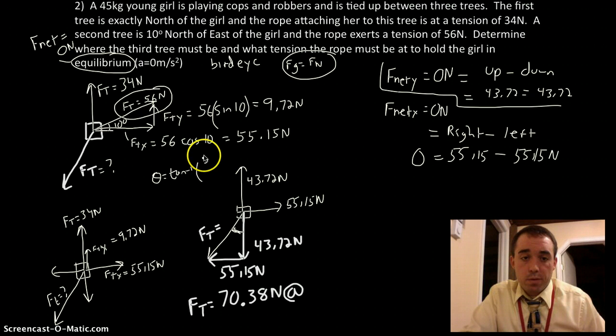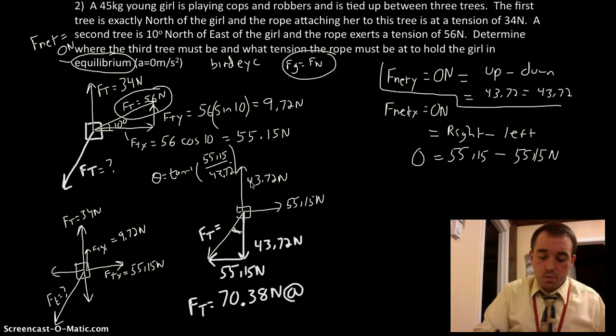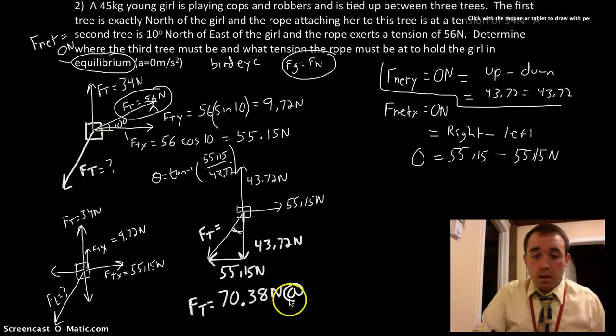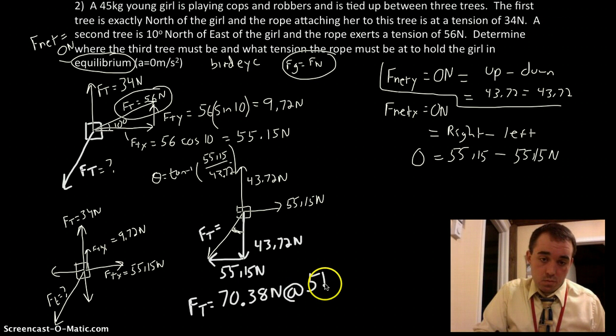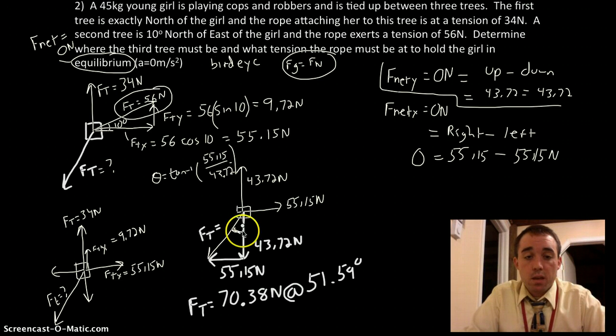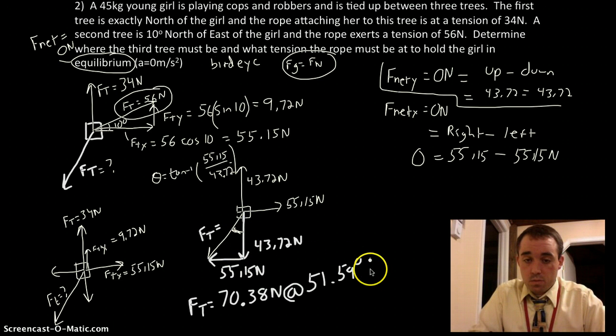Opposite is 55.15 over adjacent 43.72, which is going to be inverse tan of 55.15 over 43.72, at 51.59 degrees. And this one would be not south, but west of south.